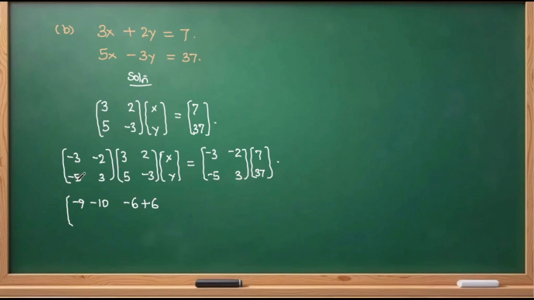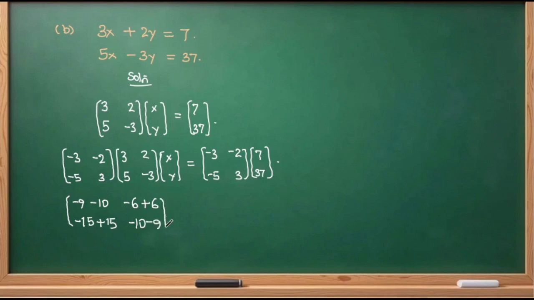So negative 5 times 3, we get negative 15. And 3 times 5, we get positive 15. And then we move on. Negative 5 times positive 2 is negative 10. Then negative 3 times positive 3 is negative 9.